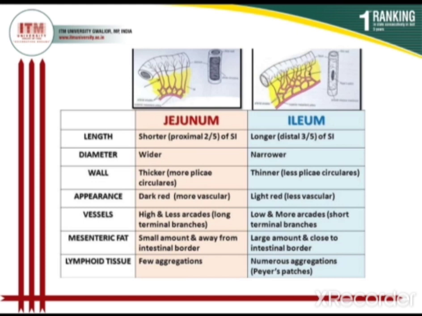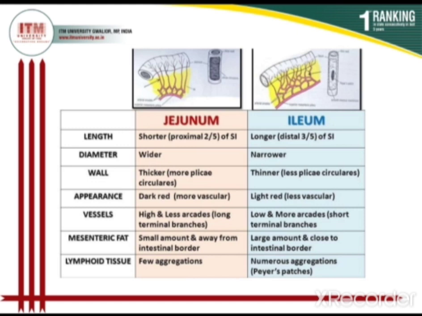The jejunum appears dark red and the ileum light red. The jejunal vessels are high and less arched, with long terminal branches, while the ileum has low, more arched vessels with short terminal branches.